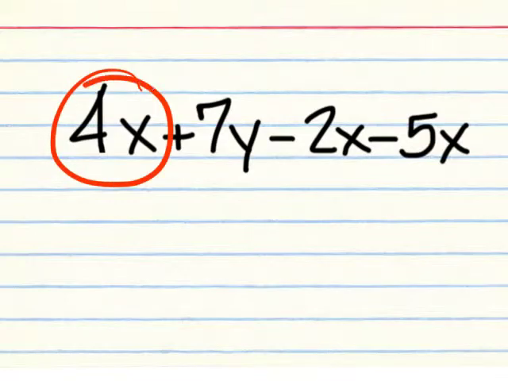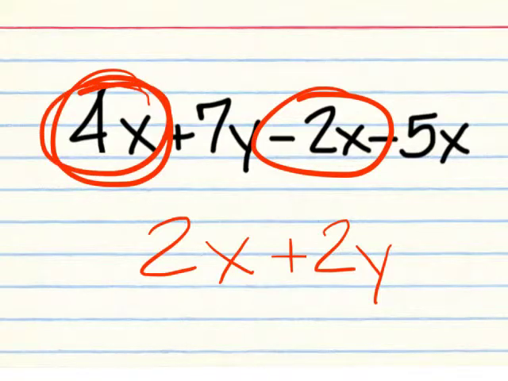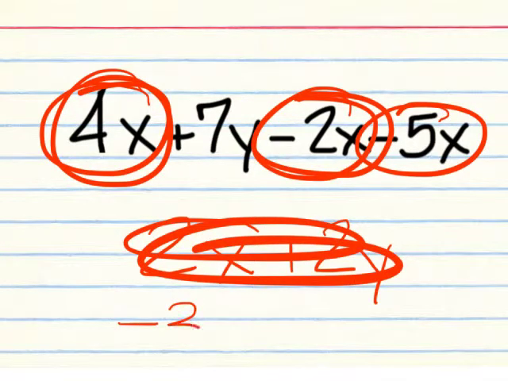What do I get when I combine the x terms? 2x, and what about the y's? 2y, yes. 7y minus 5x. Oh, no. There's supposed to be 2 y's, but the way it looks, there are 3 x's, so I guess this would not work out. We'll take that out and do 4x minus 2x is 2x, and then minus 5x would actually be negative 3x. And then you would just have 7y left over on that one. I thought I put 2 y's in this one.